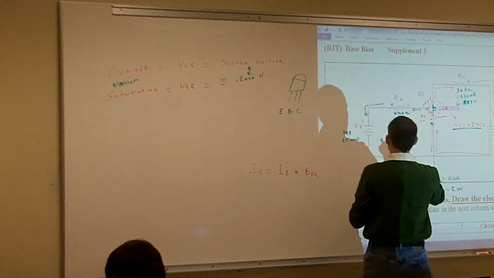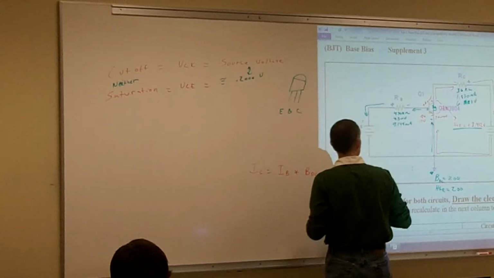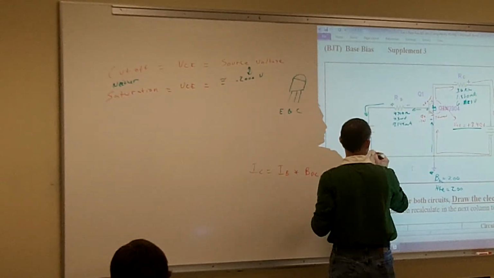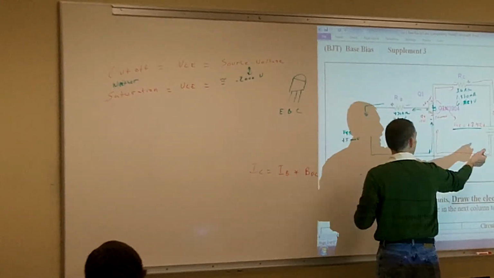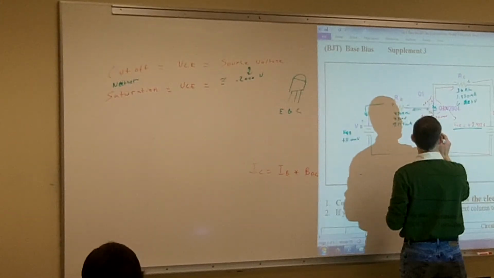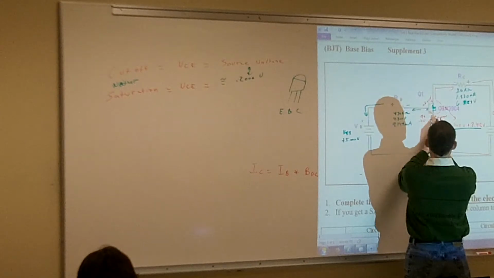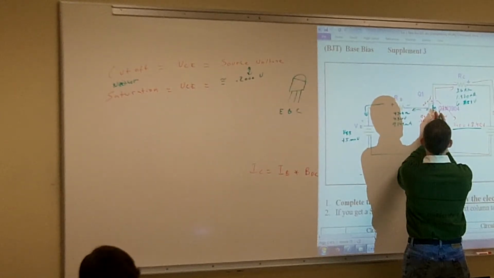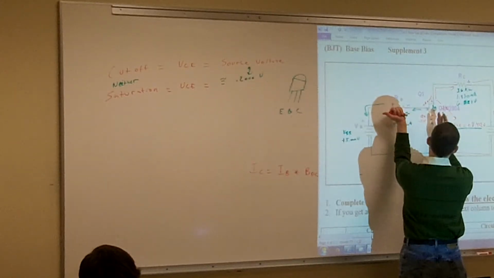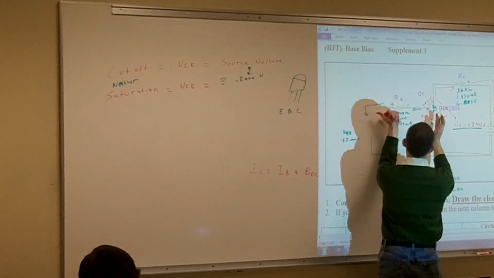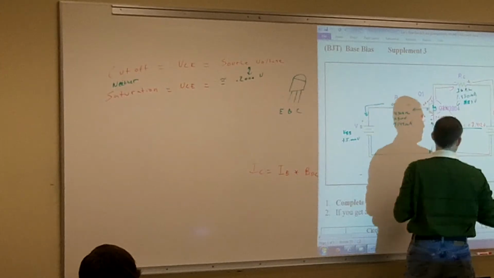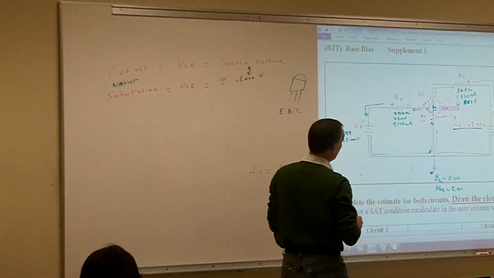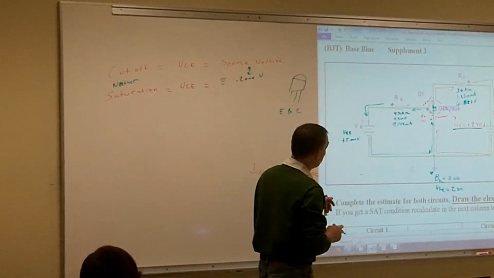Well, we know that we got this current that's coming out of our base, going through our base to emitter. We got this current, and we have our collector current. Those two currents are going to combine right here, and then some of it's going to split up. Some of it's going to go back to the base at 9.149 microamps, and the remainder is going to go up through our collector at 1.830 milliamps.